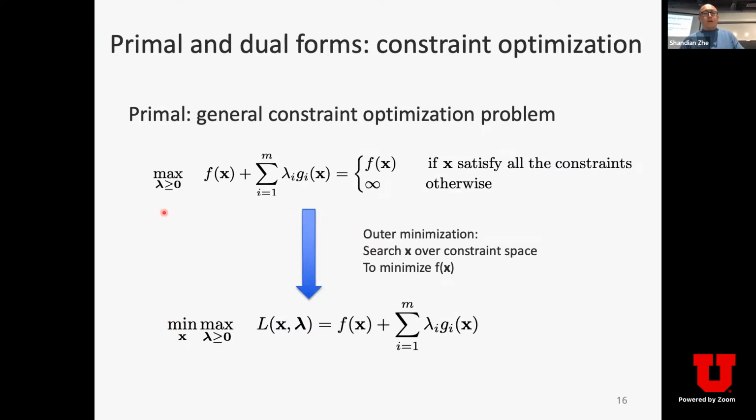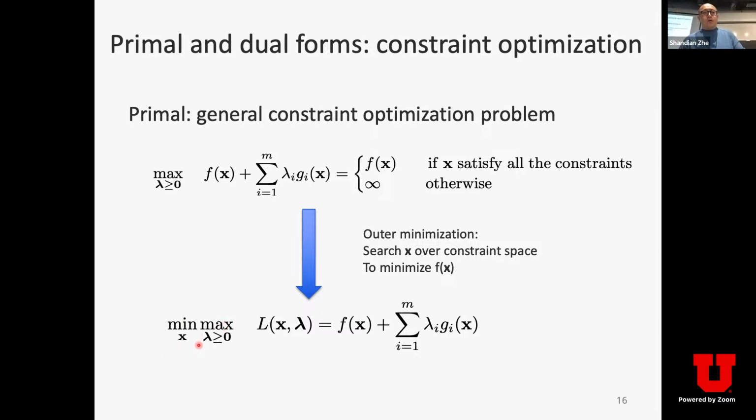The benefit of doing such a transformation is that by introducing these additional Lagrange multipliers, in this minimax optimization x is totally free. You don't need to worry about any constraint on x. x can be searched over the entire real space.